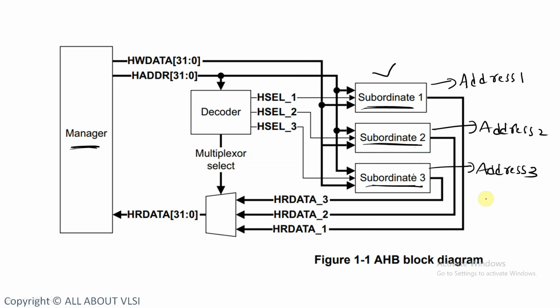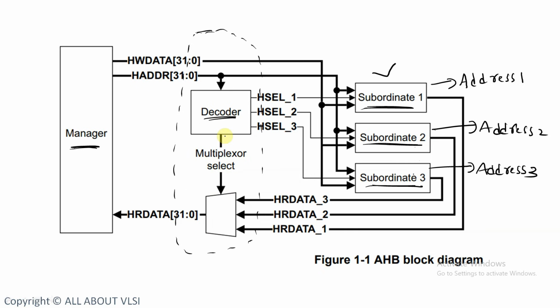Address is very important for choosing which slave it wants to communicate with. For decoding that, we are going to use an arbiter circuit. This is how the arbiter circuit is going to look, where we have a decoder and a multiplexer input, and we have a multiplexer.